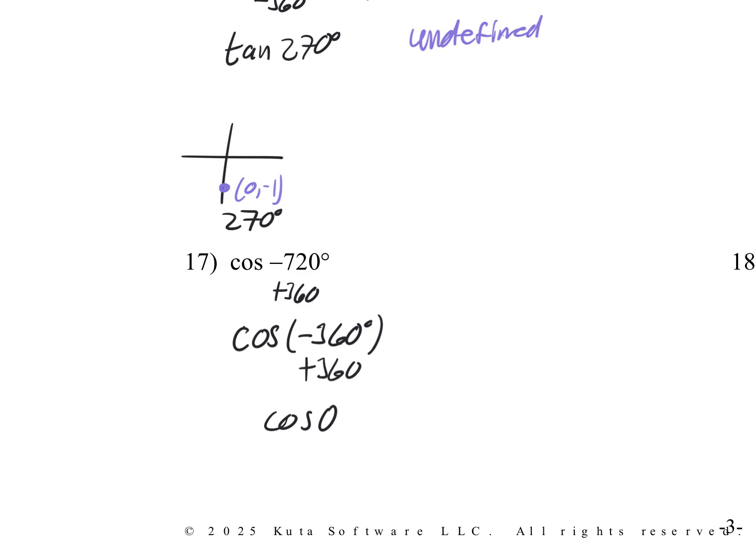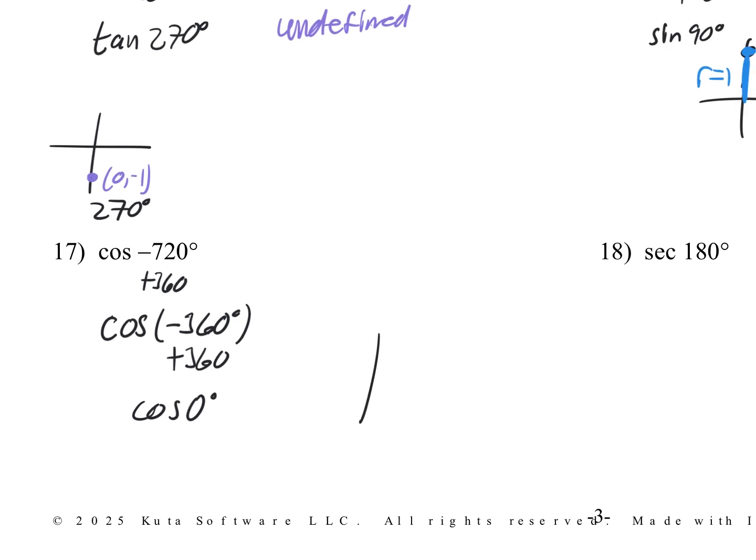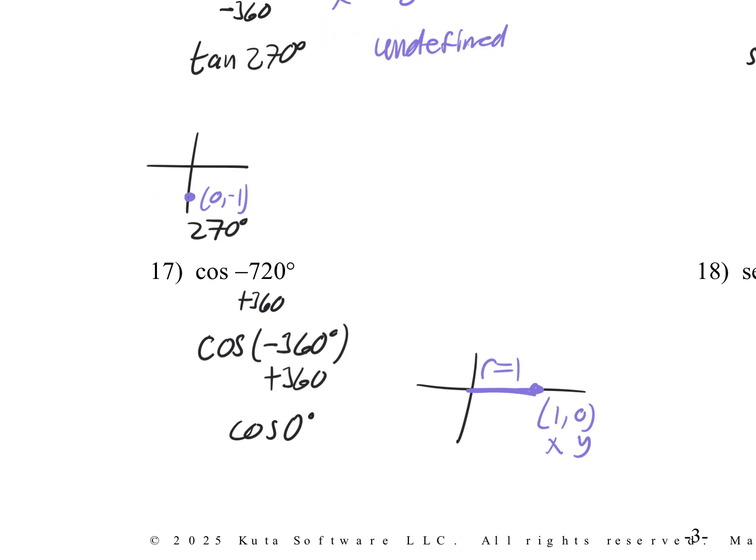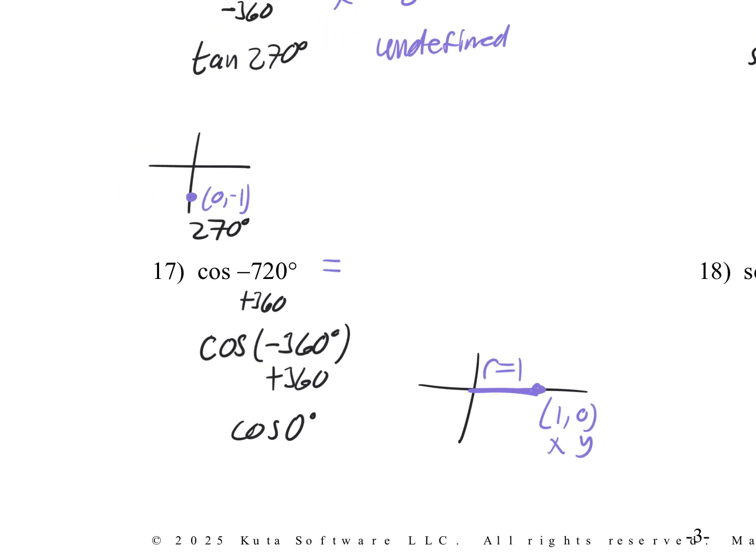All right, so cosine of 0, 0 degrees on your coordinate plane is going to be somewhere over here. And this point I can say is 1, 0. So x is 1, y is 0, our r value is going to be 1. That's just 1 unit away from the origin. So cosine has to be x over r, which is 1 over 1, which is 1.